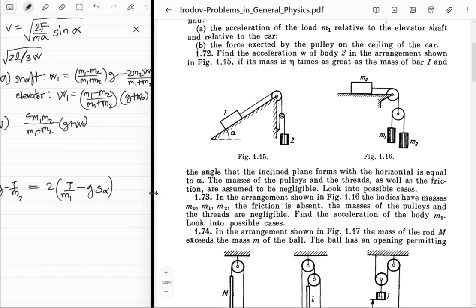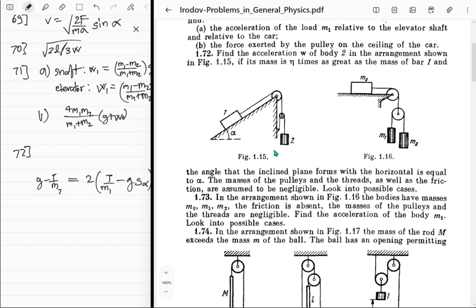It's all just in continuity. What is it talking about? Look into possible cases. I don't get it. There's only 3 cases: it's moving down, it's moving up, and it's not moving. That's it. I don't know what these people are talking about. Okay, whatever. Just do it.